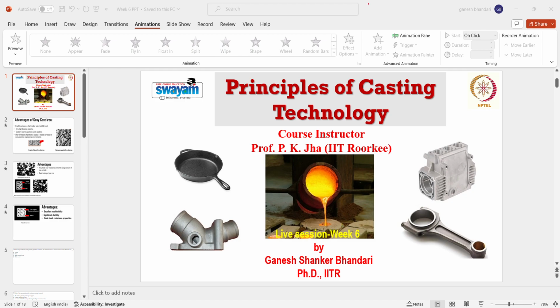So yes, high refractoriness value of molding sand is used in steel casting due to its high pouring temperature.